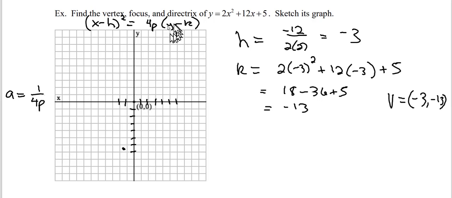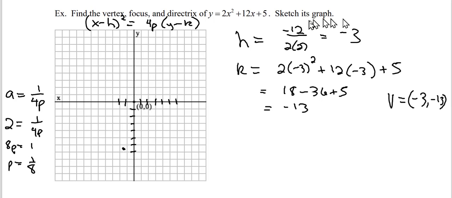If you solved this for y, divide by 4p, add the k over, the a will be 1 over 4p. In this case, that means 2 is equal to 1 over 4p, 8p is 1, or p is 1/8. That tells me the p is 1/8.